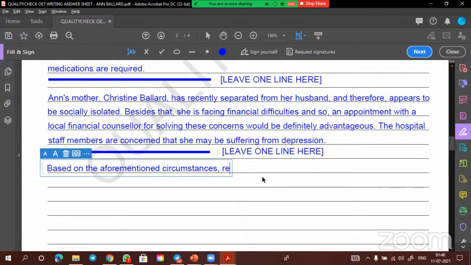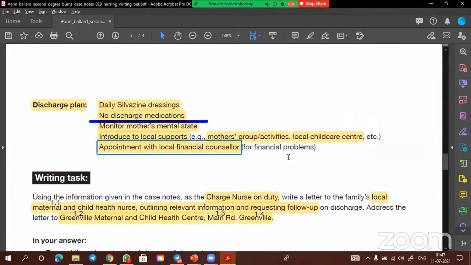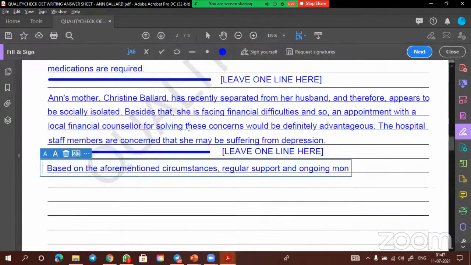Regular support and ongoing management, ongoing monitoring. Because it is written here, monitoring. So here, monitor mother's mental state, monitoring, ongoing monitoring, regular support and ongoing monitoring.